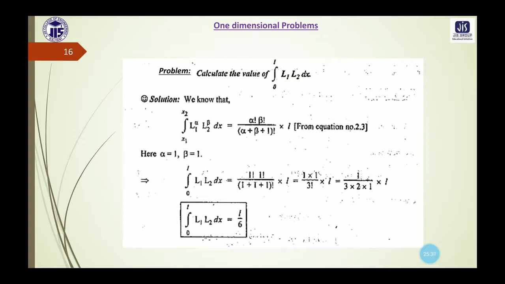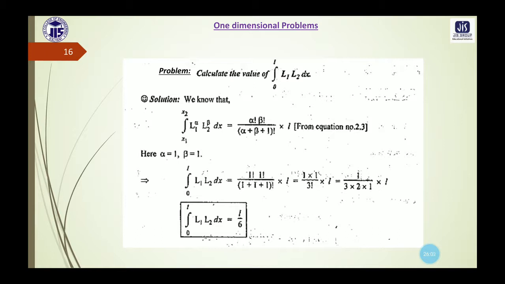Entering these in the right hand side, we write factorial 1 multiplied by factorial 1 divided by factorial of 3, because alpha and beta are equal to 1.